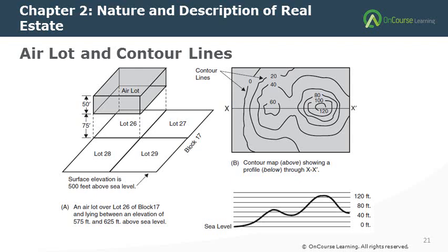For instance, the purchase of a condominium, a topic that we will cover in a subsequent chapter. Purchase of a condominium means that you have purchased an air lot, and we have to be able to describe that area of air. And we can only do that with vertical land descriptions using air lot and contour lines.